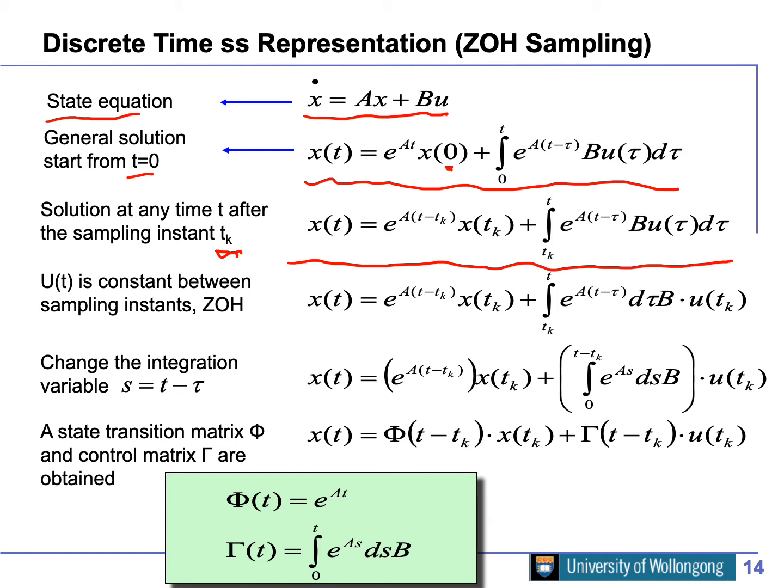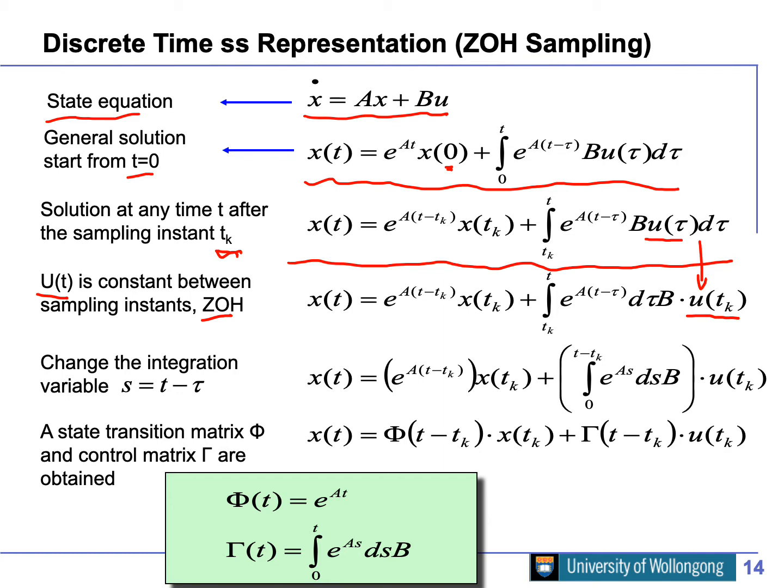For that case, because in the discrete time system we use a zero order hold for our input signal and control signal, the u signal is actually a constant, because t is only a little bit larger than tk.